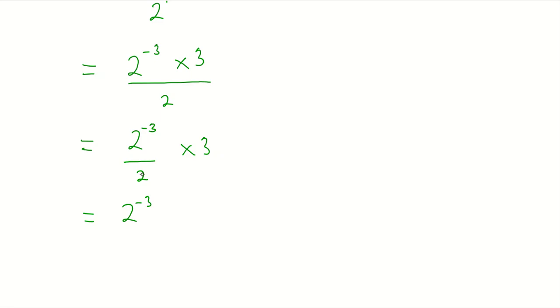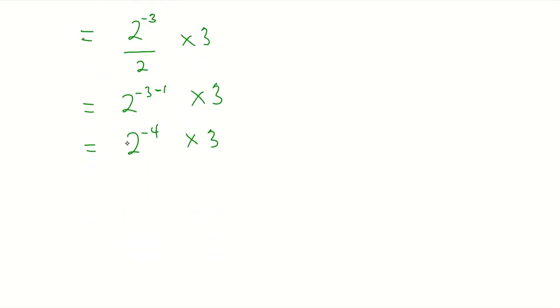Now once the bases are the same and they are dividing, we are just going to subtract like we said earlier. So minus 1 times 3. So we have 2 exponent minus 4 times 3. Now we know 2 exponent minus 4 can be written as 1 out of 2 exponent 4 times 3.